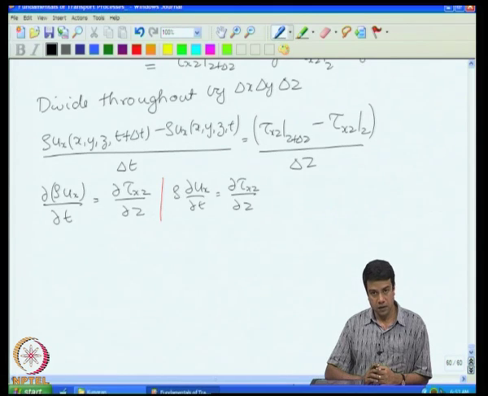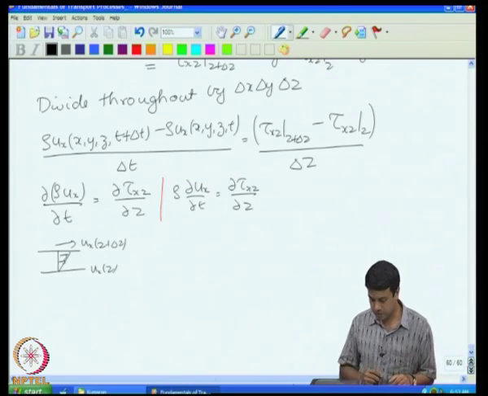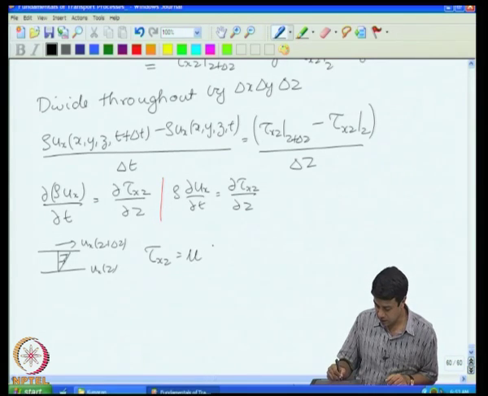Good. Now, I need to write the shear stress in terms of the velocity, and for that I use Newton's law for viscosity. Basically, Newton's law for viscosity states that if I have two plates moving with velocity ux at z plus delta z and ux at z, so there is a linear variation in velocity between these two plates, then the shear stress tau x z is equal to the viscosity times delta ux by delta z.